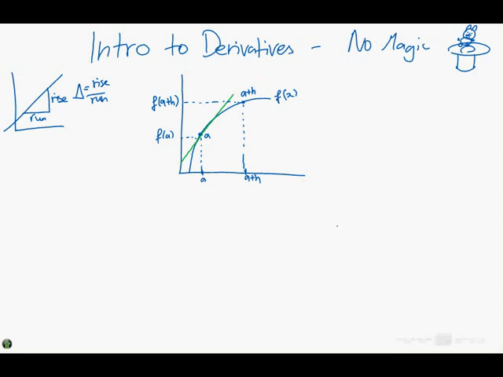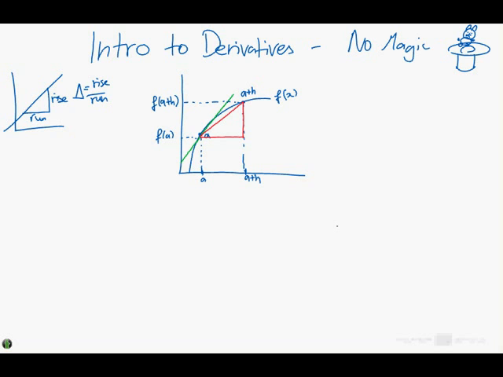Now, watch as I replicate the triangle on the left. This is my new triangle. So, I've got a line running from A to A plus H. This line also has a rise and a run, right?